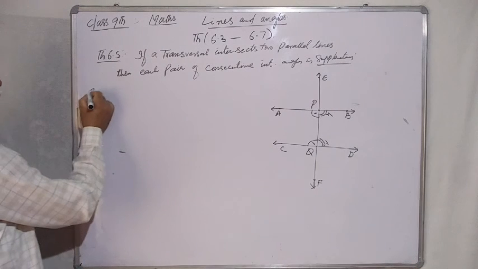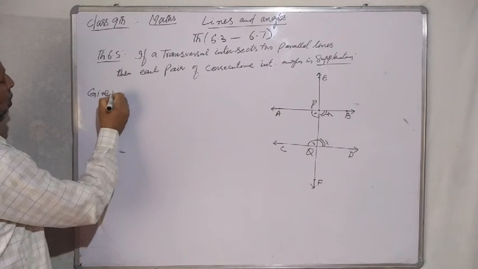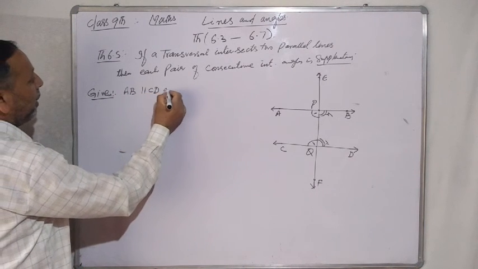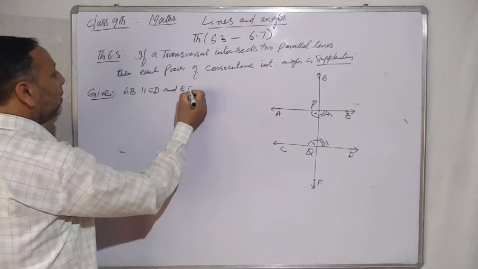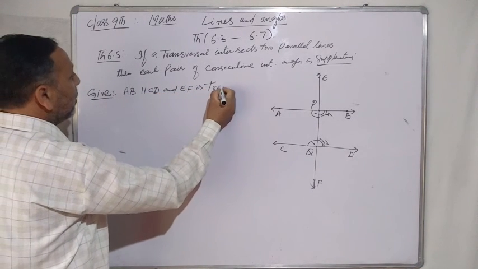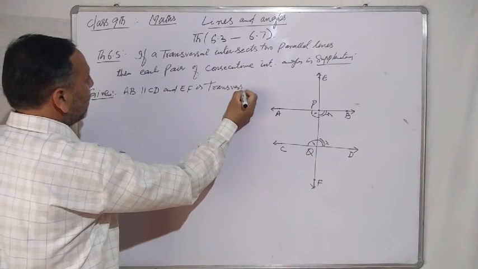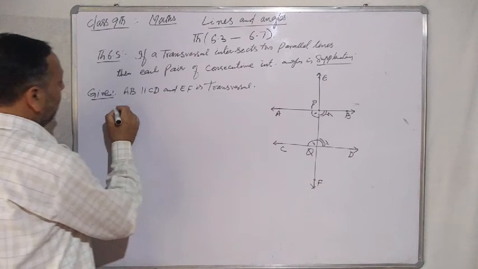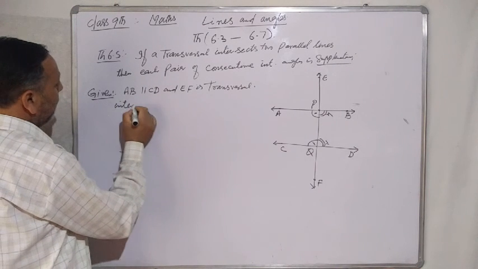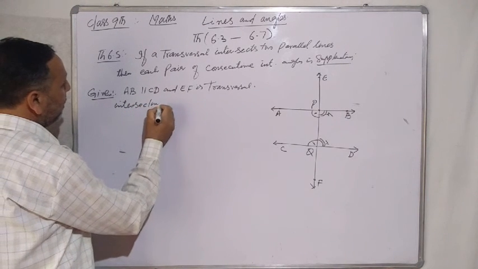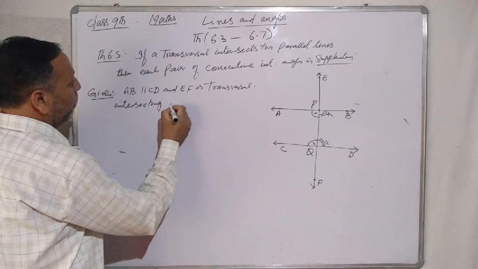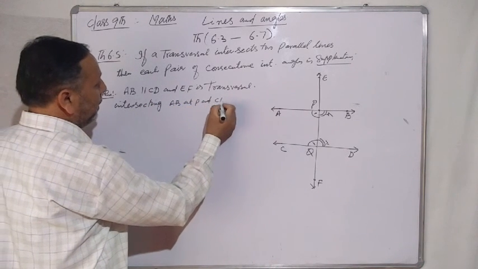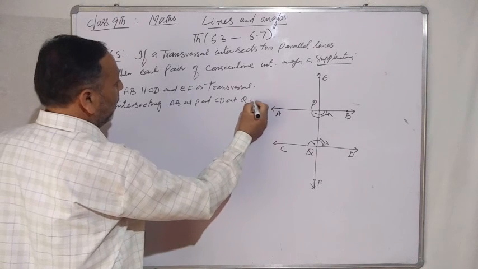Given: AB is parallel to CD and EF is a transversal intersecting AB at P and CD at Q respectively.